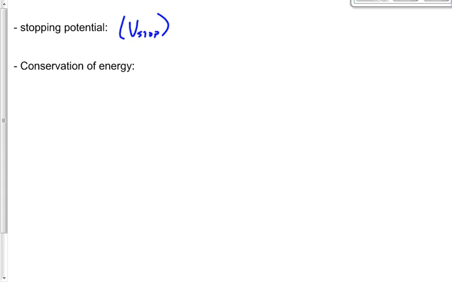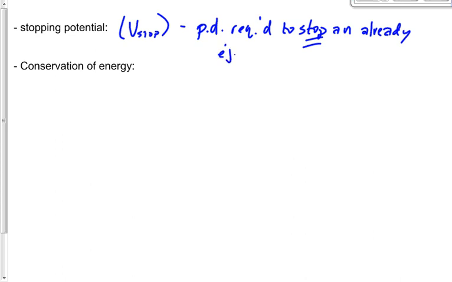Each metal has a different threshold frequency. If we want to determine what it is, then we're going to want to stop the electrons after they've been ejected, plot a graph, and calculate the threshold frequency. So this is the potential difference required to stop an already ejected electron.